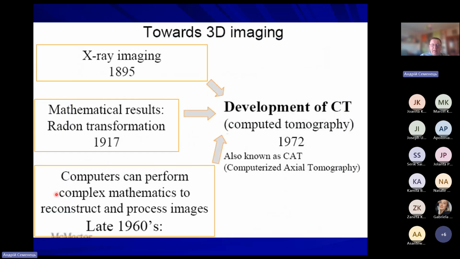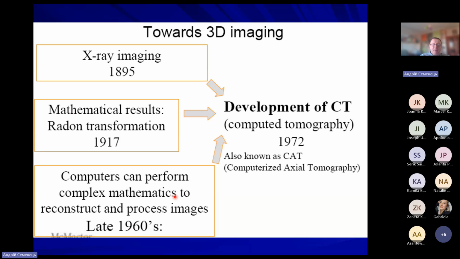And here it is important to notice how this became possible. First of all, as I already said, is the physical achievement, the invention of X-ray imaging. Then what was critical is the mathematical achievement, the so-called Radon transformation, which provides the necessary mathematical tool to reconstruct an image using its projection information only.